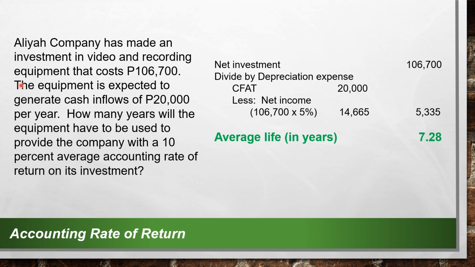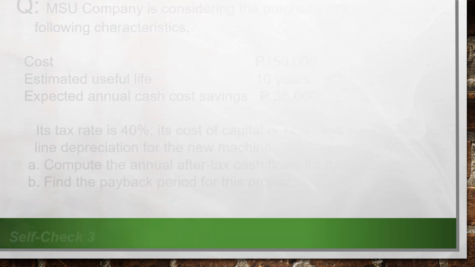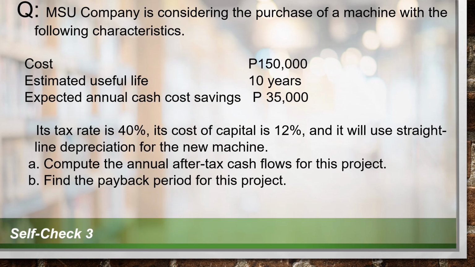So that is our depreciation, our net income. So we have again 7.28 years.